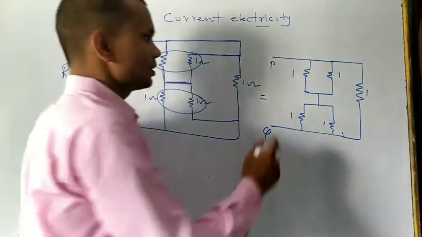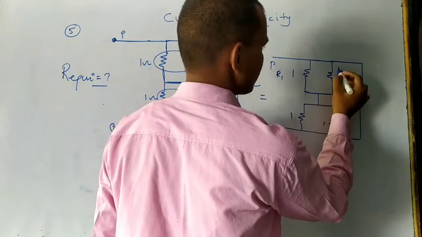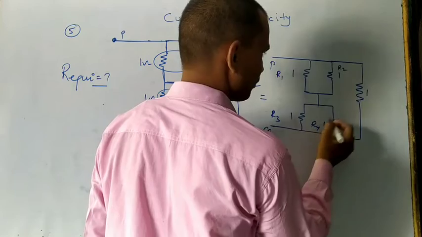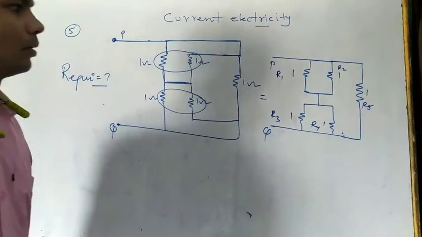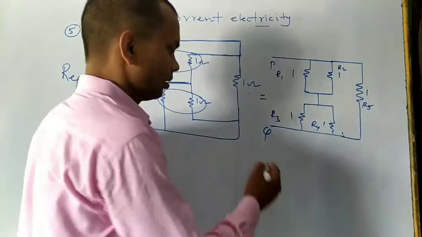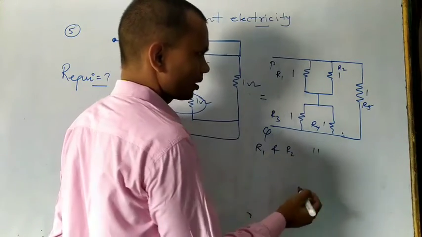Now suppose this is R1, then R2, this is R3, R4, and then R5. Here R1 and R2 are connected in parallel.